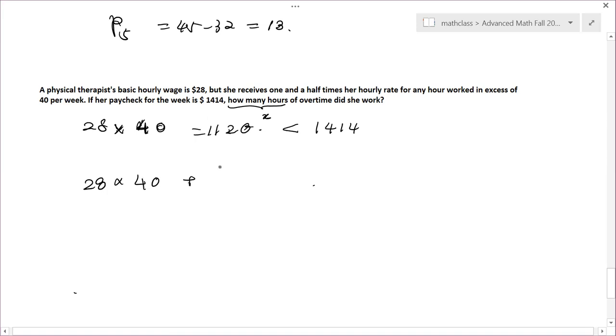The overtime hourly rate will be 1.5 times 28, and multiply by X. That's it.